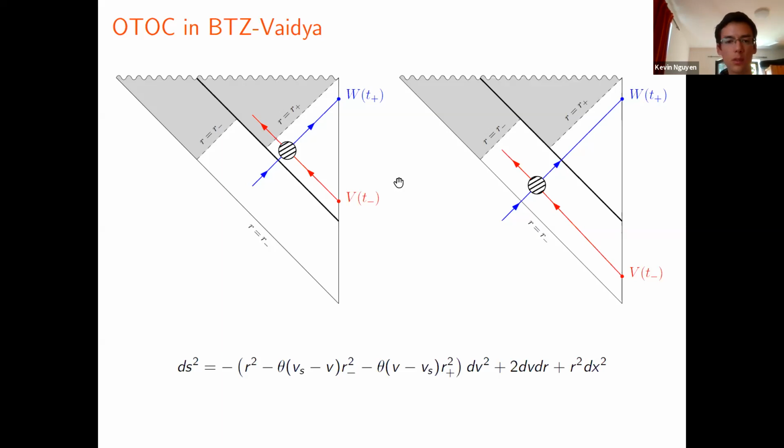There are various configurations of operator insertions at the boundary that you can think of. If you put the operators on the same side of the energy injection, you will recover the thermal result, because this quantity is not sensitive to the energy injection. But if you put your operators on both sides of the energy injection, then you will be sensitive to the thermalization of the state.